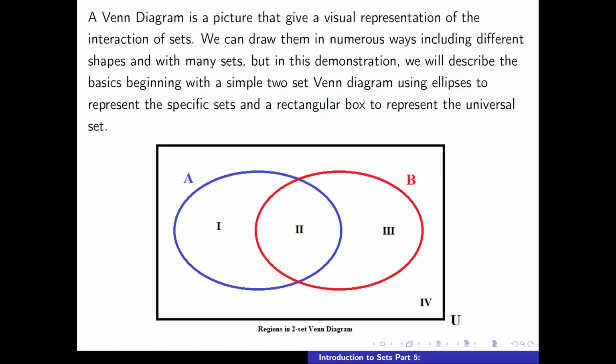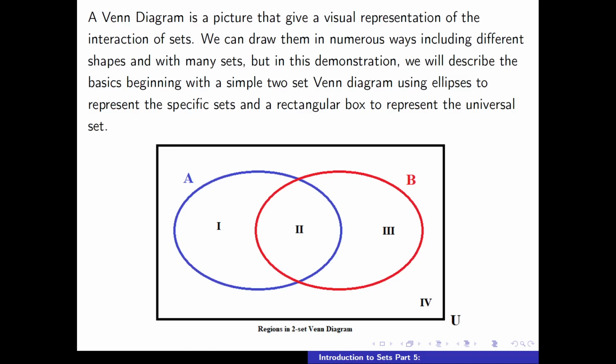When we're dealing with set operations, things like unions and intersections and complements, the Venn diagram gives us a visual way of looking at what these things are, and gives us a tool that allows us to verify certain things about sets and solve certain problems with sets in a much more visual way, rather than just dealing with the written out roster form or set builder form, etc.